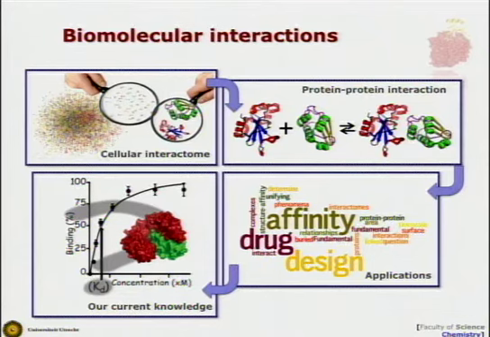And if you want to add the structural dimension to those networks and try to understand what is going on in those networks, you need to model at some point those complexes or solve them using structural methods like X-ray crystallography and NMR. But because there is a huge amount of them, and some of them are very weak and transient, they are not simple to study by NMR and X-ray. And a lot of those interactions will be involved in membrane and membrane-associated proteins.